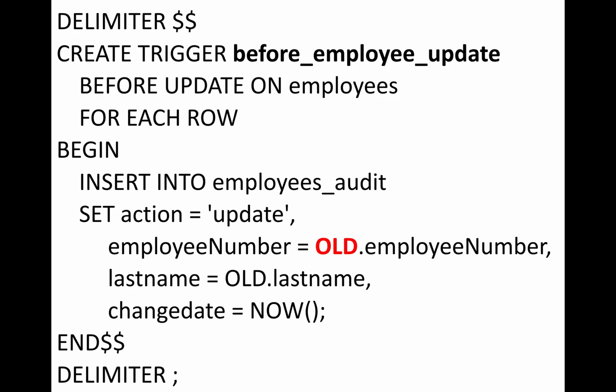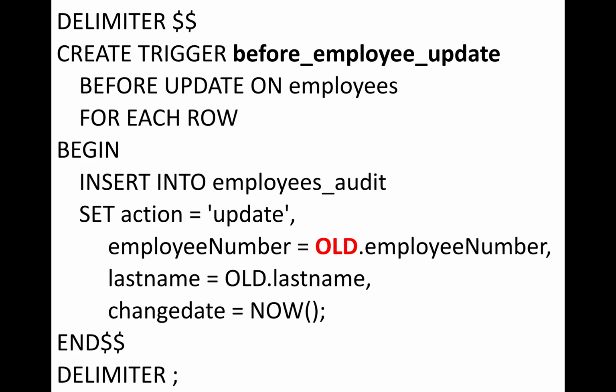We're inserting into the audit table, and we can take a look at the employee number. Notice this OLD here. This OLD is a reference to the record that is being updated. It gives you a reference to the record as it was before the update.